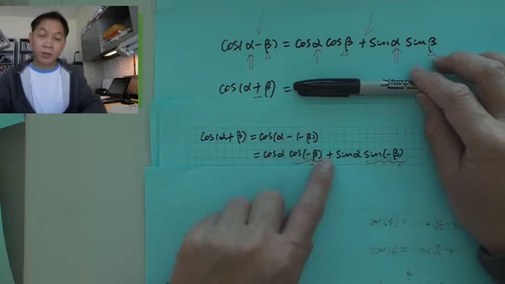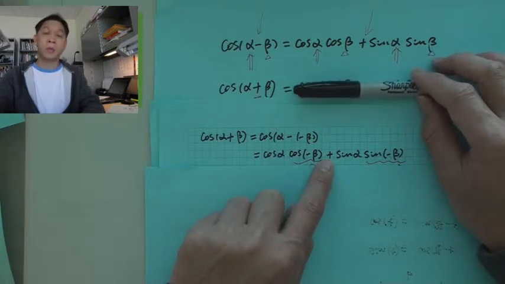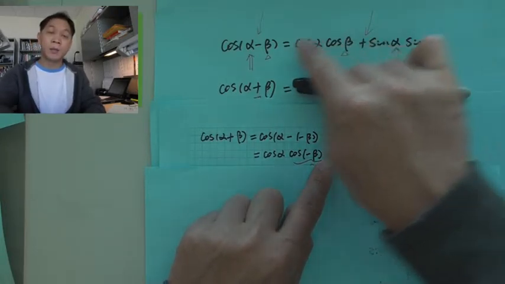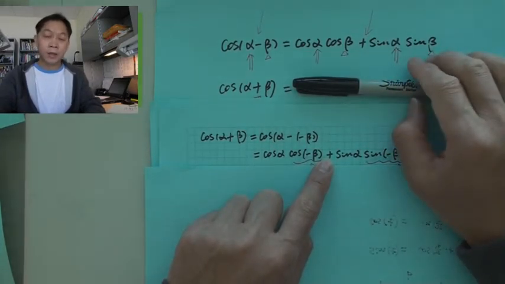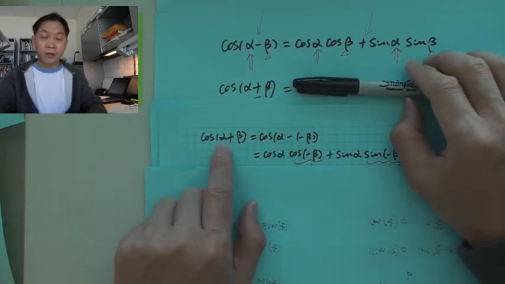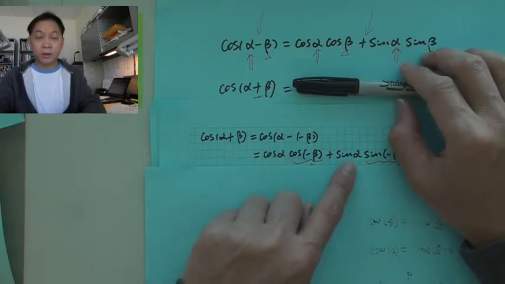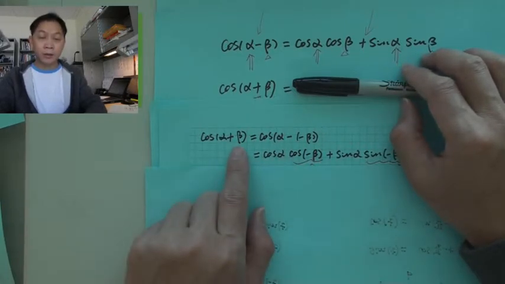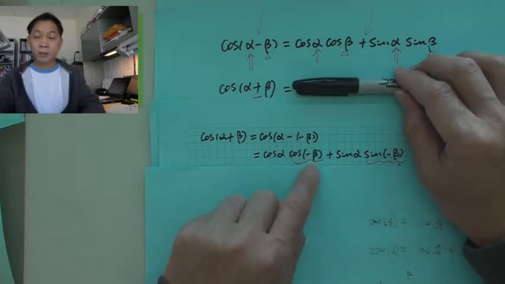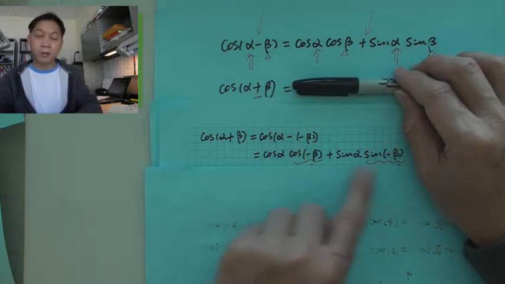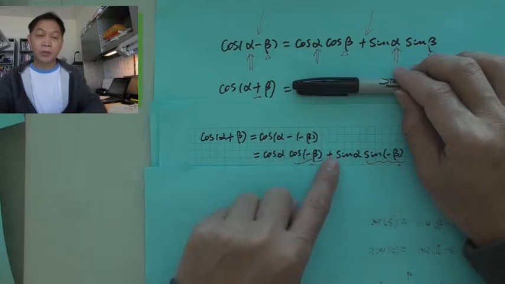Here is minus, here is plus. So actually we apply this formula. Minus, plus. Okay? And then first angle alpha, second angle beta. Here, negative beta. So you have negative beta. Minus, plus.